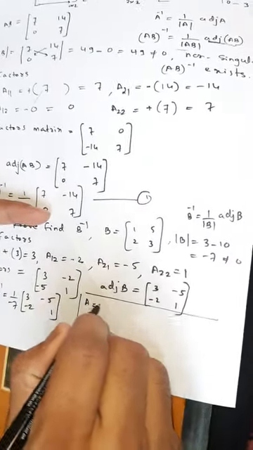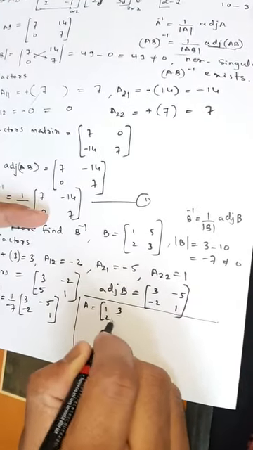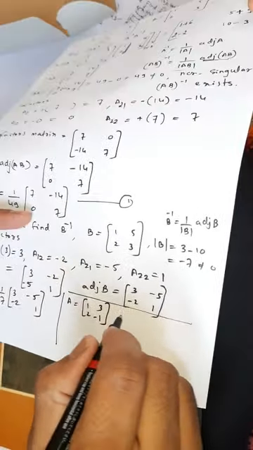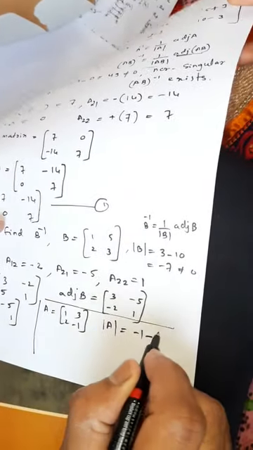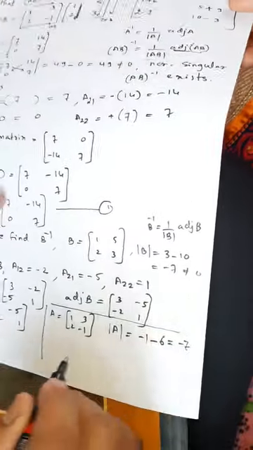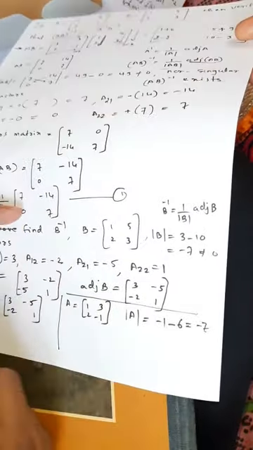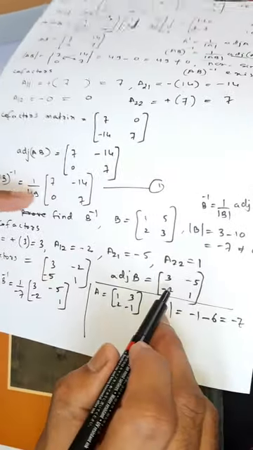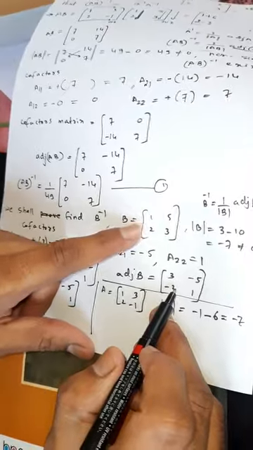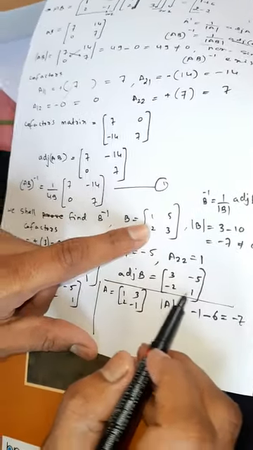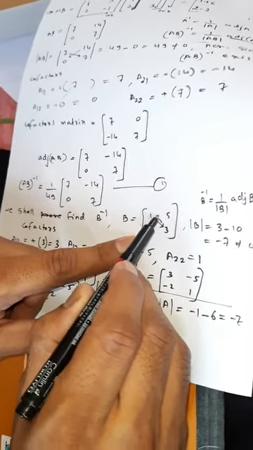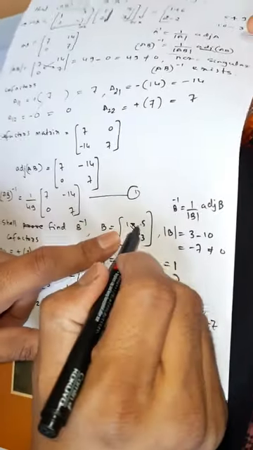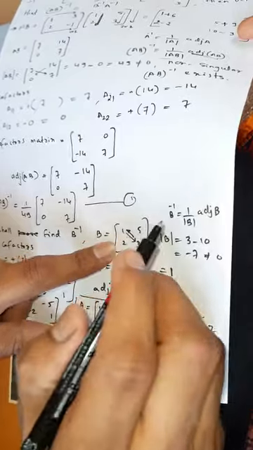A is here 1, 3, 2, -1. So determinant of A is equal to minus 1 minus 6, which is minus 7. Again A inverse exists. And here observe the adjoint by direct method, it is for a 2 by 2 matrix. Interchange the principal diagonal elements and change the sign of the secondary diagonal elements.